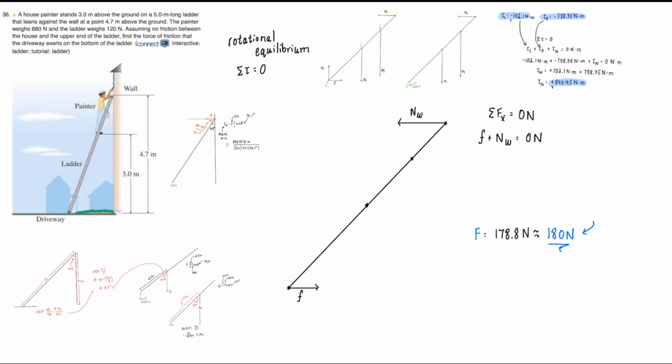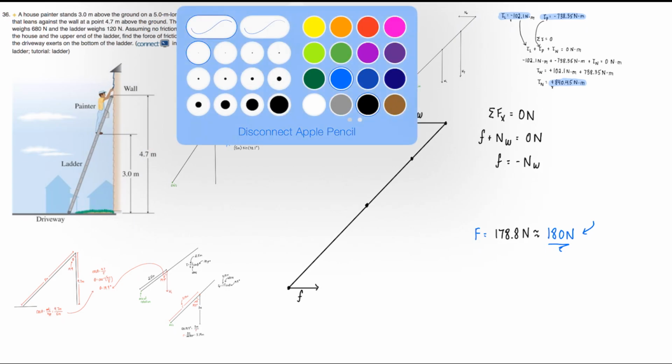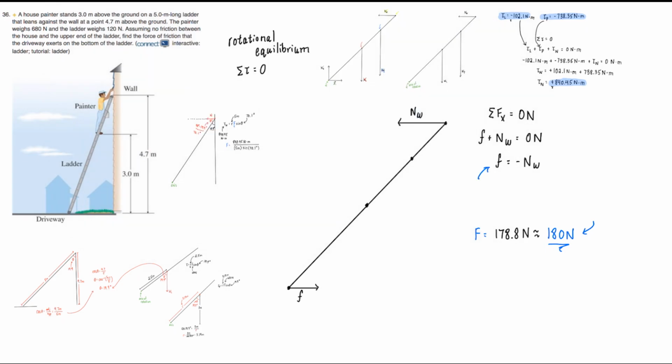That means that the frictional force is equal in magnitude to the normal force caused by the wall. The only difference is those two forces are acting in opposite directions, so they're equal and opposite. So the magnitude of our frictional force is 180 newtons.